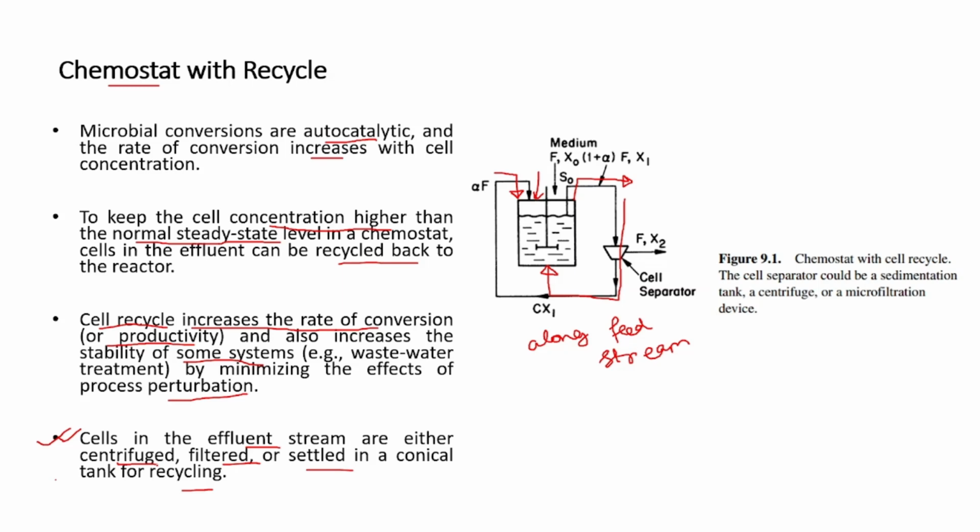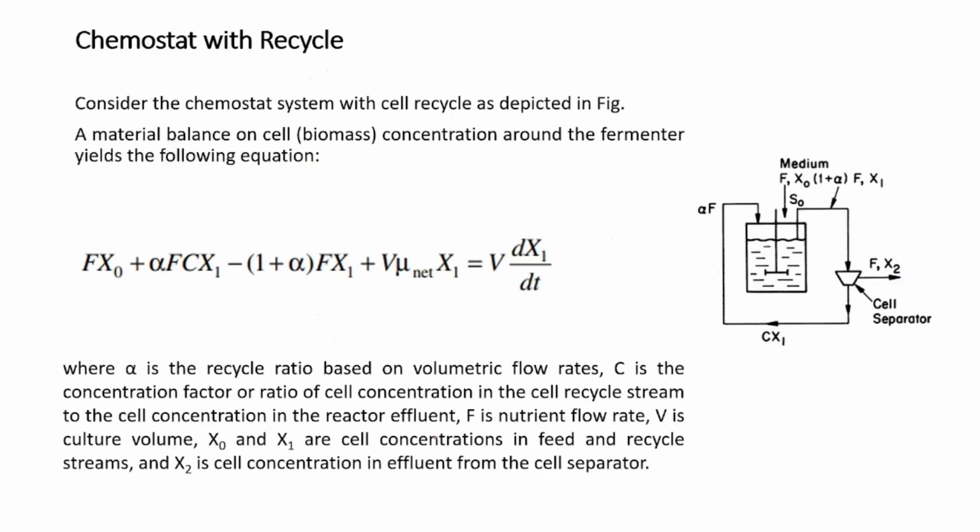Because the effluent stream may contain some toxic products which will harm the growth of other microbes present in the chemostat. So you first need to perform separation techniques, filtration, centrifugation, and remove the unwanted substances from the effluent stream, and then you pass that filtered effluent stream into the feed stream for recycling.